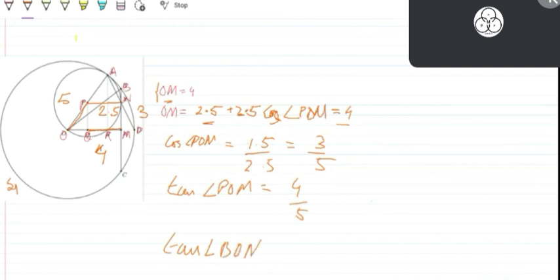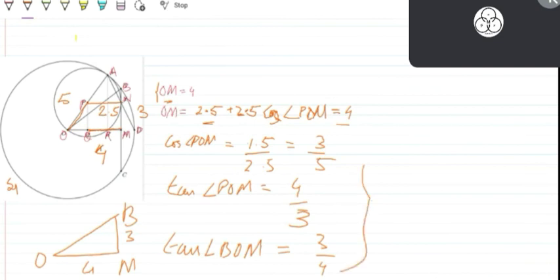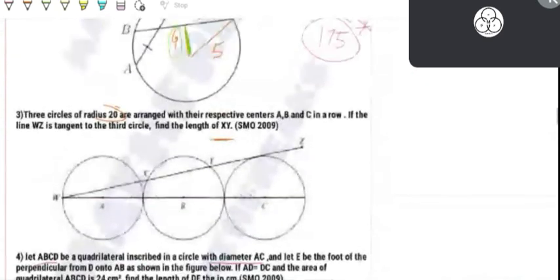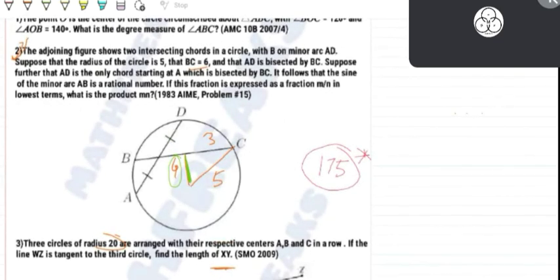Angle BOM, I'm drawing it here, which is 3 by 4. Now we need to find the value of sine of angle AOB, the sine of the minor arc AB. Why are we doing it in tan?